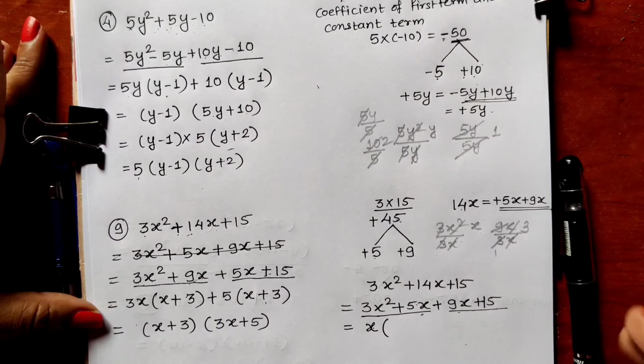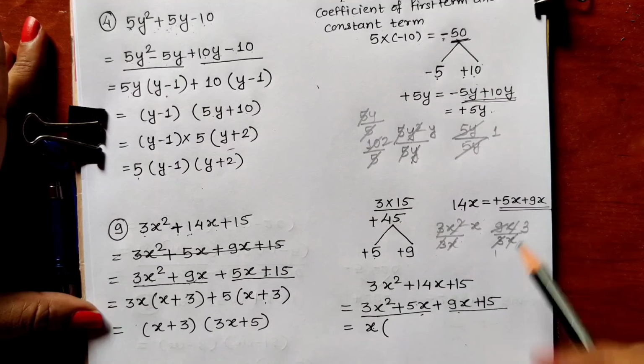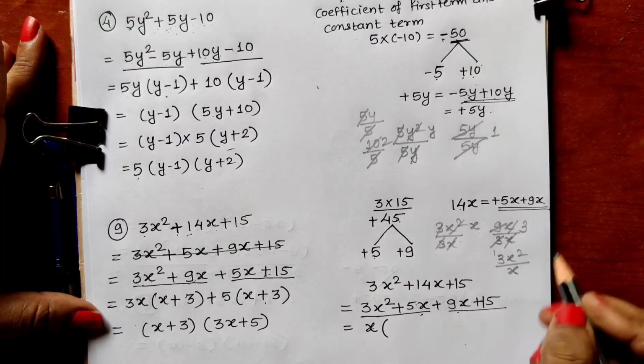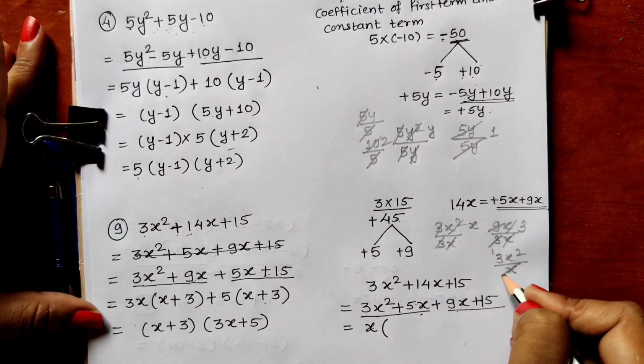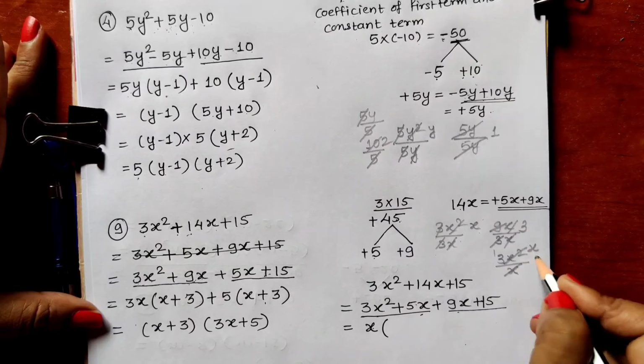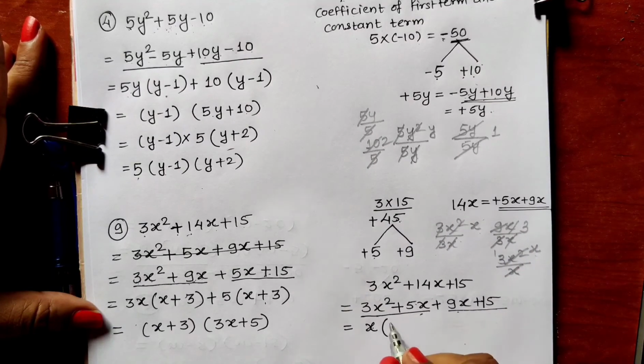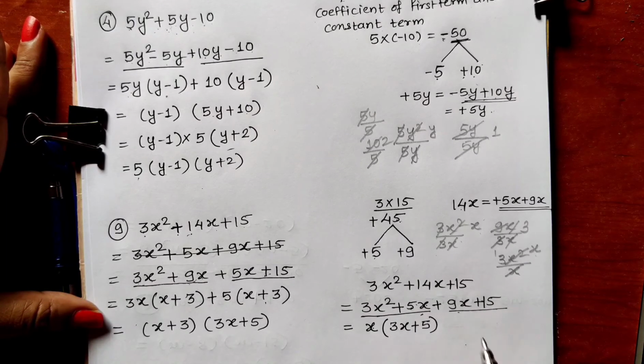So from 3x square, only x is taken out common, so we can cancel this x with x square, 1x is remaining, this 3 and x, we get 3x. Plus from 5x, x is taken out common, only 5 remaining, so we write and close the bracket.